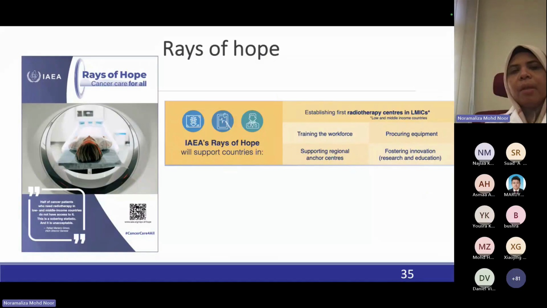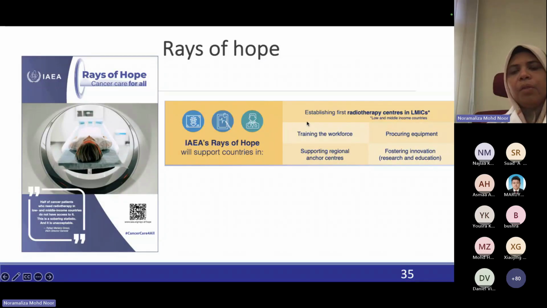And then the IAEA will support countries by establishing the first radiotherapy center in some low and middle income countries. And as part of that, they will provide training, workforce, procurement, equipment, support regional centers, and also foster innovation through research and education.